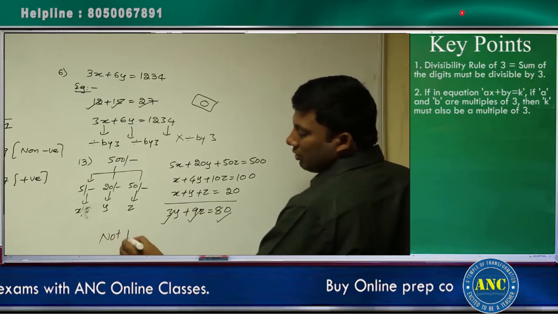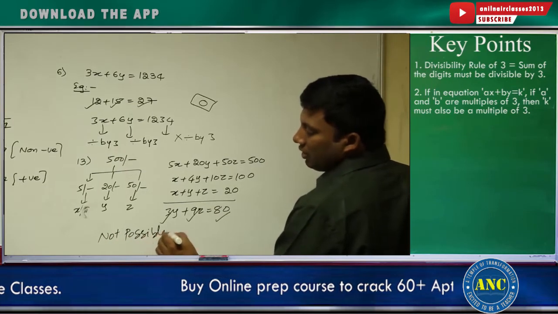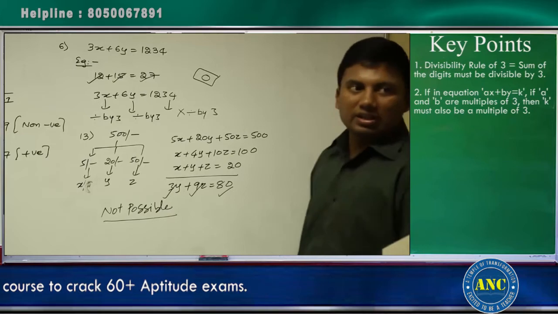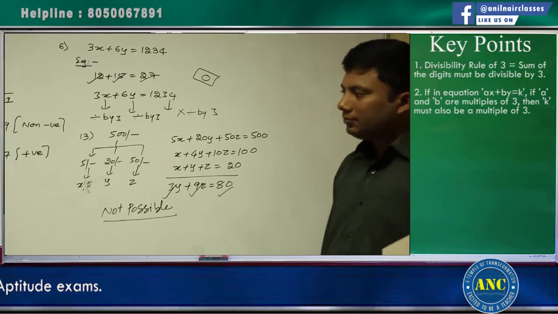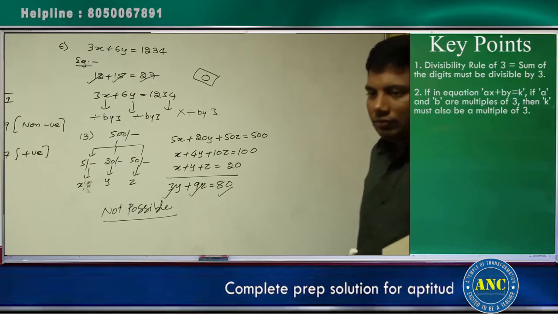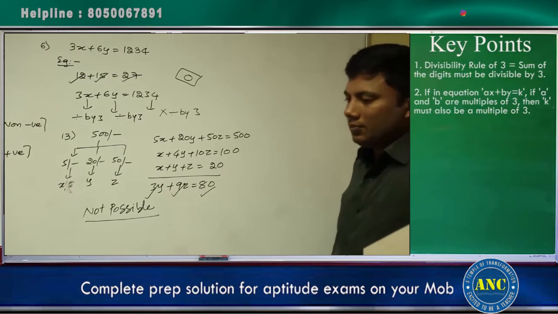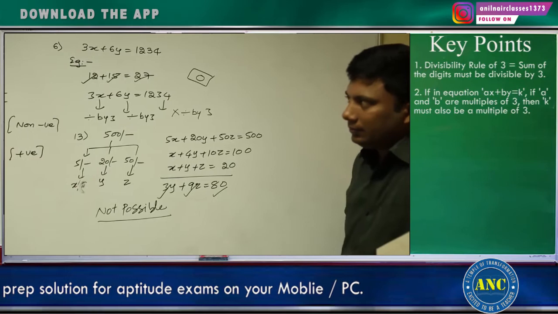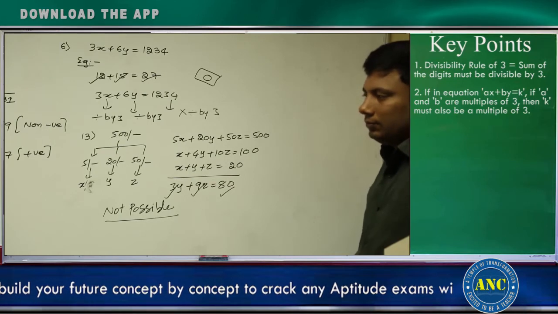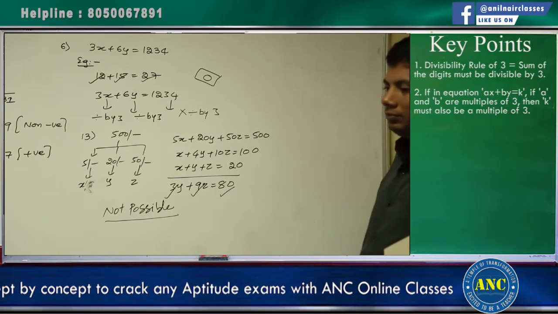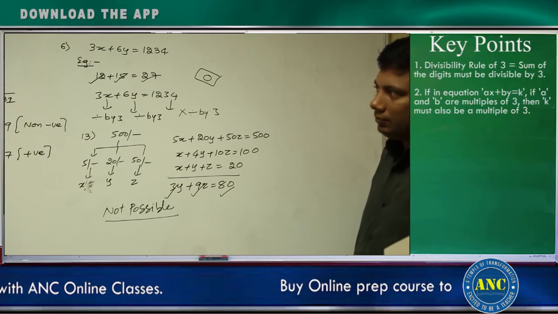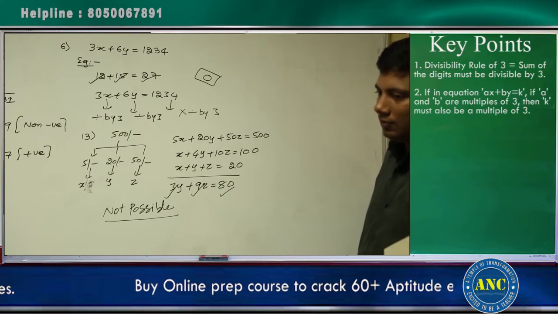So you cannot distribute 500 rupees in 5 rupees, 20 rupees and 50 rupees using only 20 notes. 6th and 13th both are clear. Idea clear?